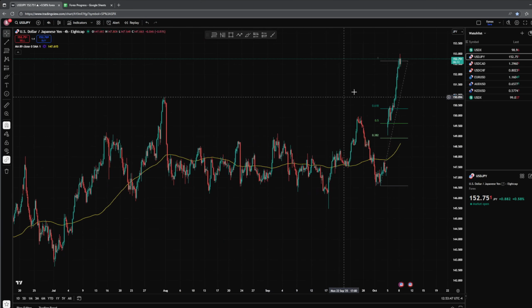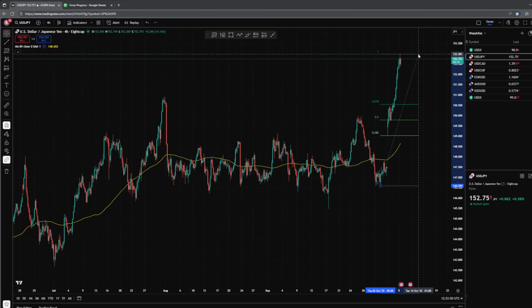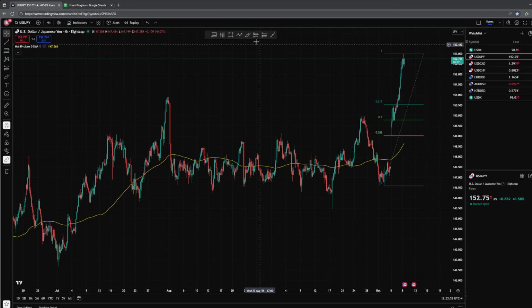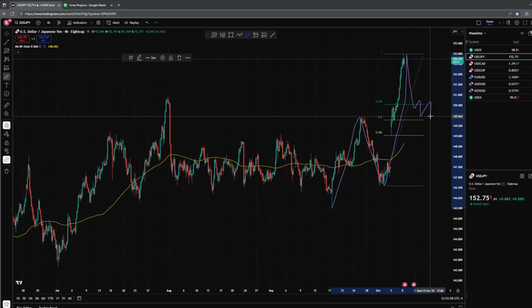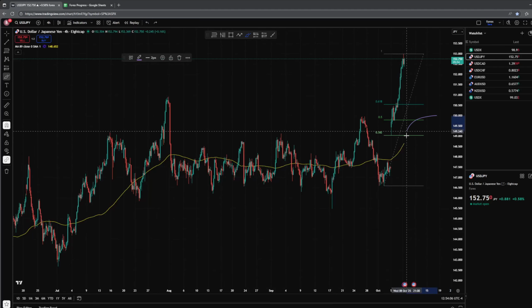Now let's analyze the Forex pairs. So we have USD Japan Yen. So we have up leg, retracement, up leg. Now market should retrace like this and return into the original uptrend like this. So we're gonna wait at least the 50% retracement zone here.